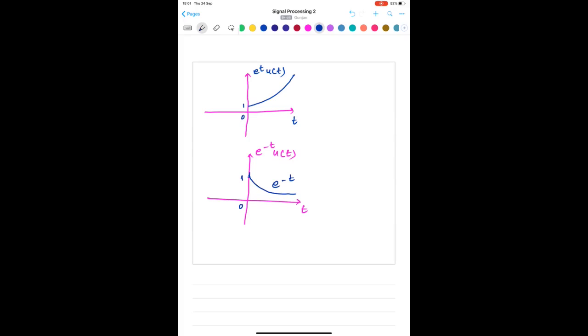So you can see clearly that these are increasing and decreasing exponential functions on the positive side.